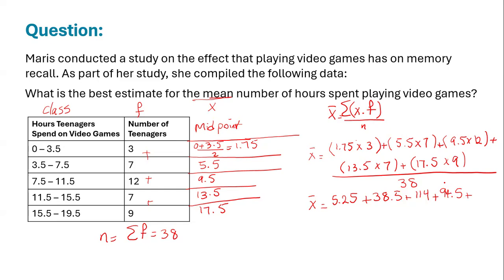And the last one, which is 17.5 times 9, and that's 157.5. And all of them must be added together, divided by 38.